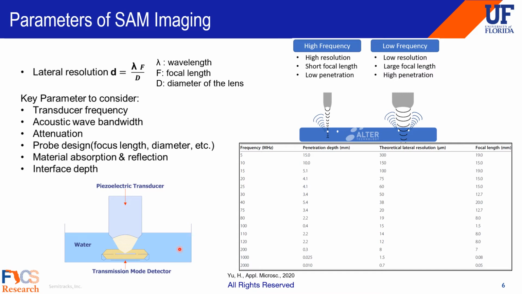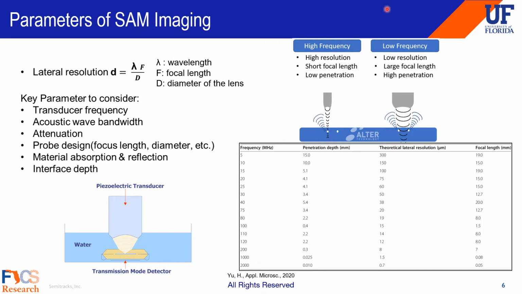So there will be a problem if the distance between our initial interface and the internal one is longer than the focal length. That basically means that we cannot focus on the internal interface.